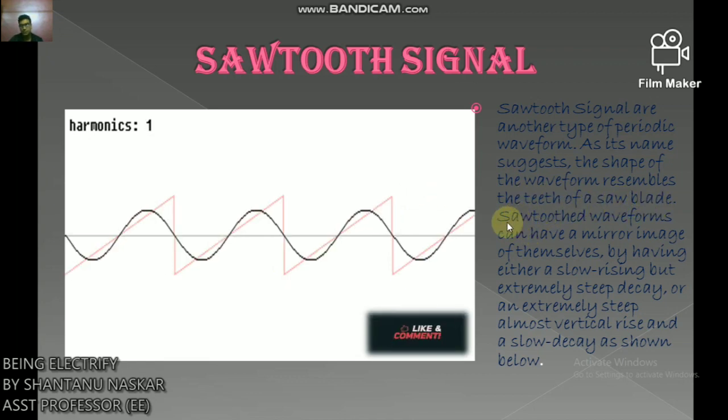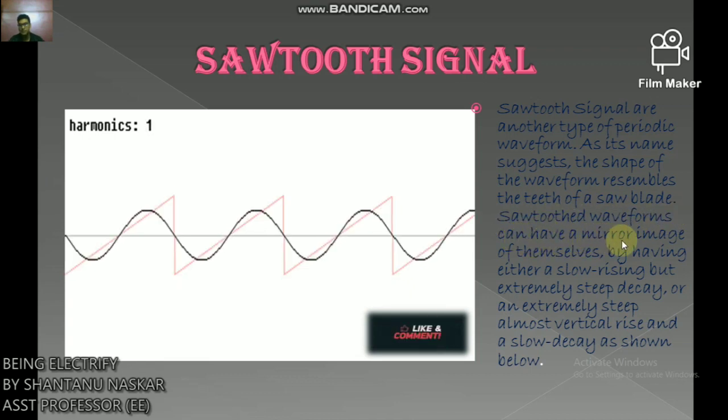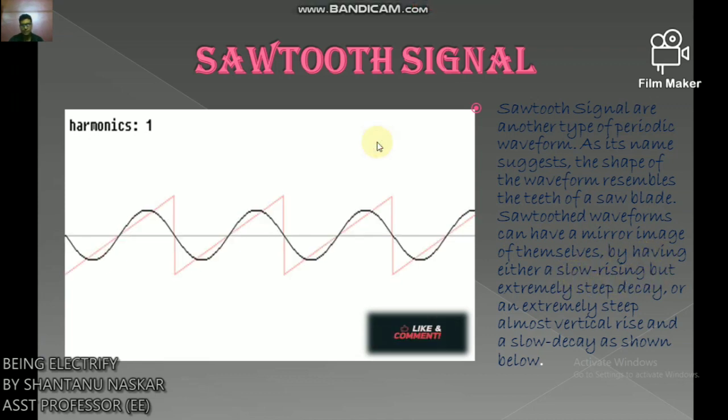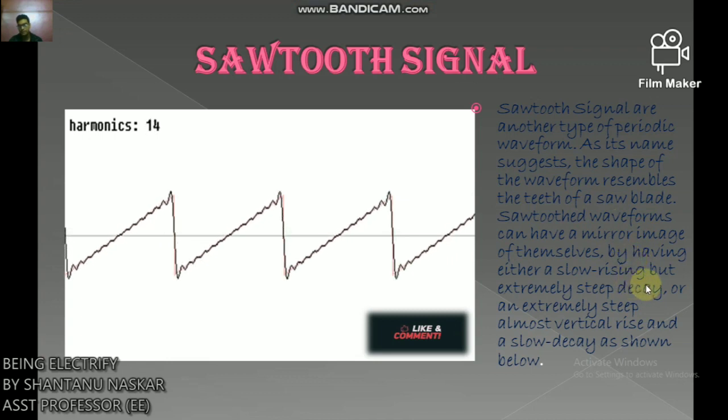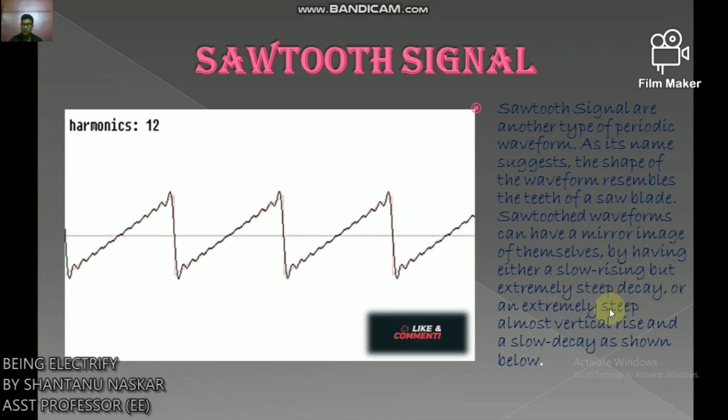So this looks like teeth. Sawtooth waveforms can have a mirror image of themselves, with either a slow rise but extremely steep decay, or an extremely steep, almost vertical rise and slow decay, as shown here.